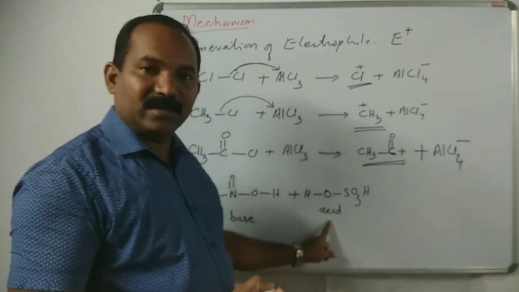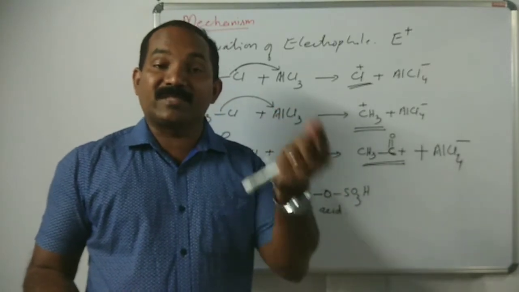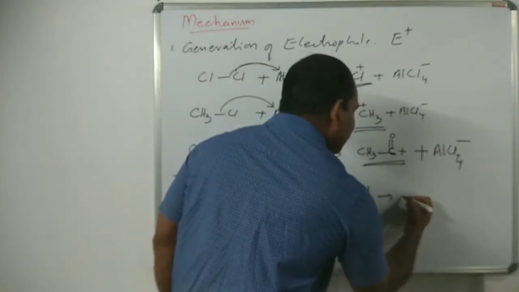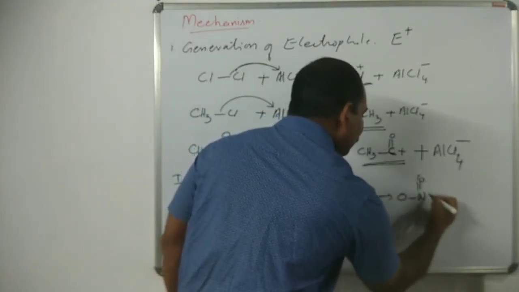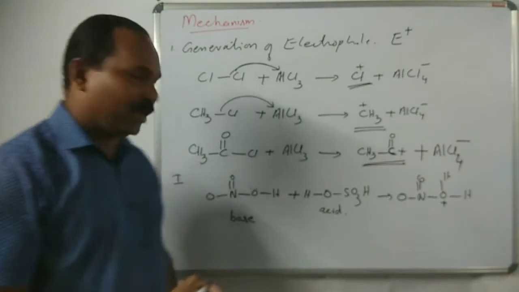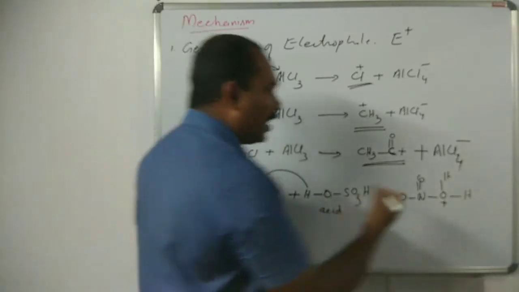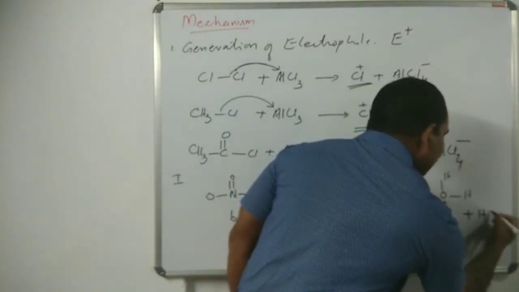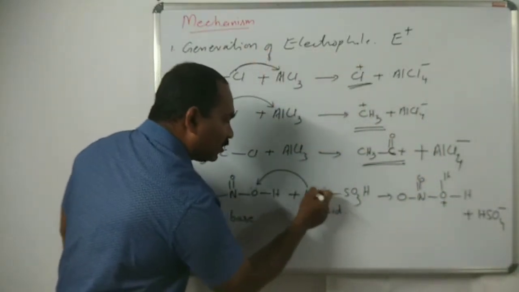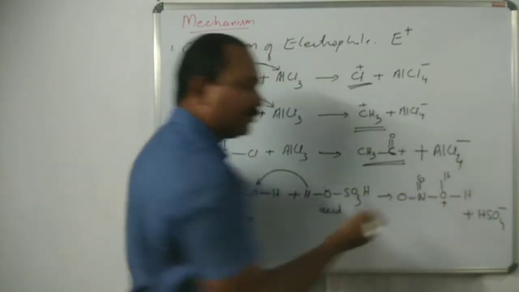An acid gives H plus ion, and a base accepts the H plus ion. And what we get? We get O, N double bond O, OH, H plus. This H plus is added to the oxygen atom. And also we get HSO4 minus. Oxygen gets the electron, so SO3H plus O, HSO4 minus.